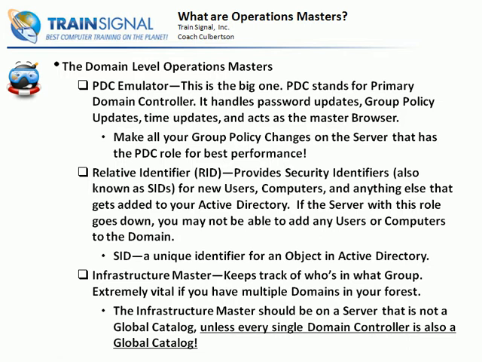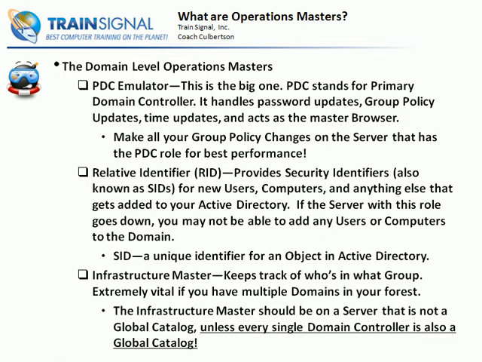Okay? But here's the deal. If every single domain controller in your domain is a global catalog, it doesn't matter where the infrastructure master is at. But here's the deal. If you have domain controllers that are not global catalogs looking to find out who's in what group, your global catalog and infrastructure master component might actually get into a fight, okay?